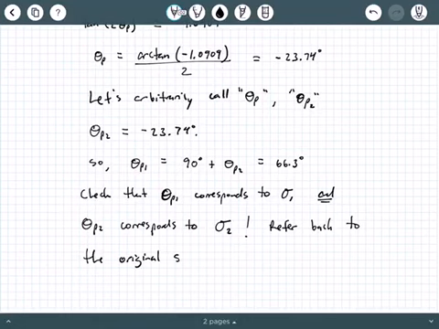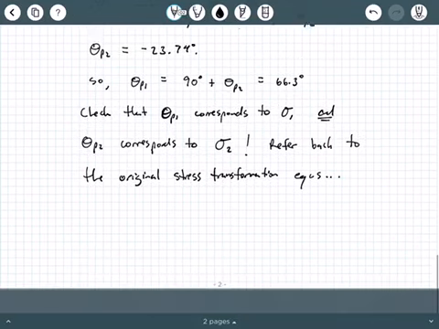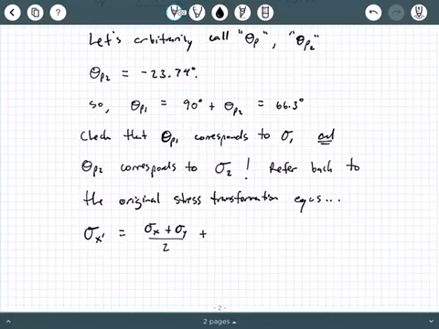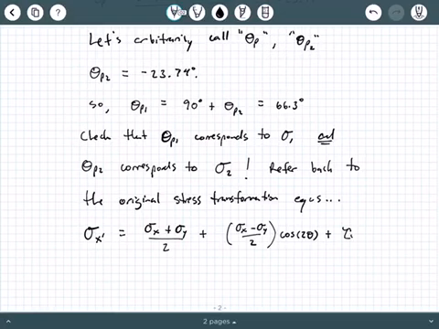Well, in order to check that our angles are corresponding with the right stress value, we need to refer all the way back to our original stress transformation equations, okay? If you remember, we covered this several weeks ago, and it was covered in mechanics of materials.